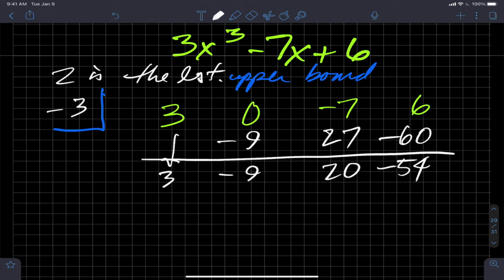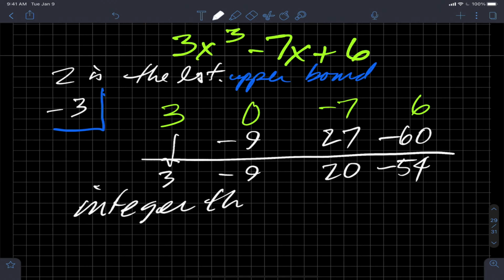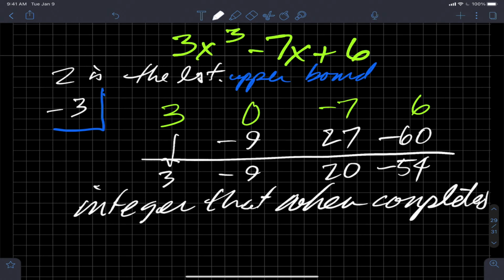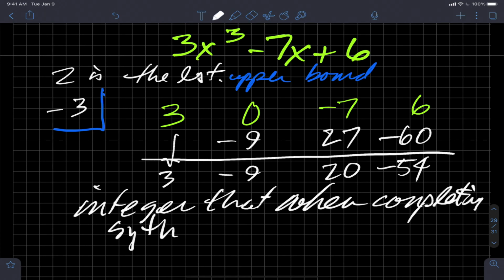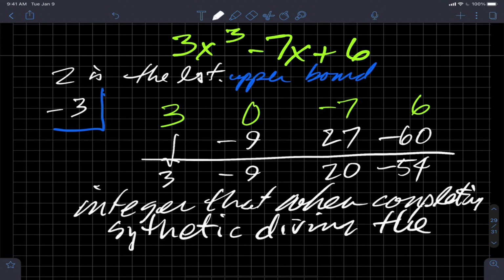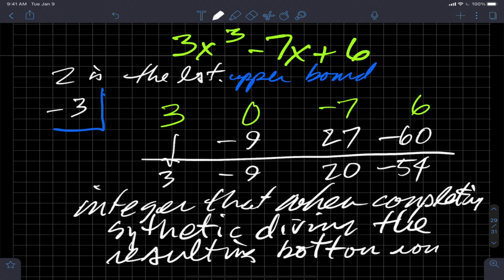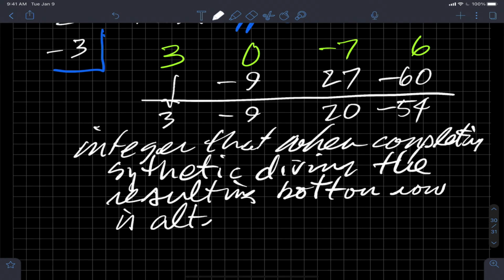Now, for a number to be a lower bound, when completing synthetic division, the resulting bottom row is alternating in sign.